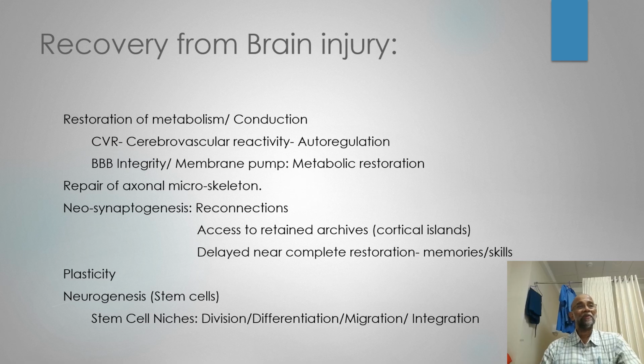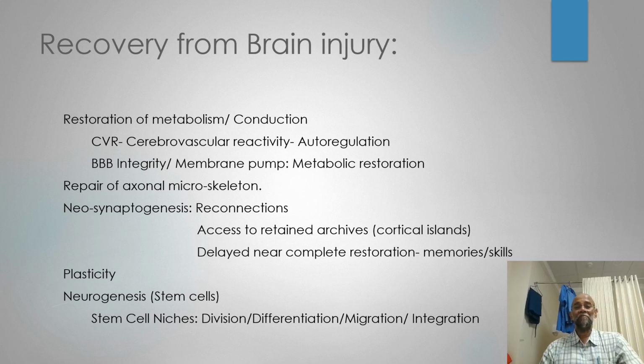Plasticity involves some areas of cortex which are damaged, the functions being taken over by other areas of cortex which are not damaged. Plasticity is more manifest in the younger age groups. Then, of course, we have neurogenesis. Stem cells are present in the subependymal layer of the ventricles and in the basal forebrain.